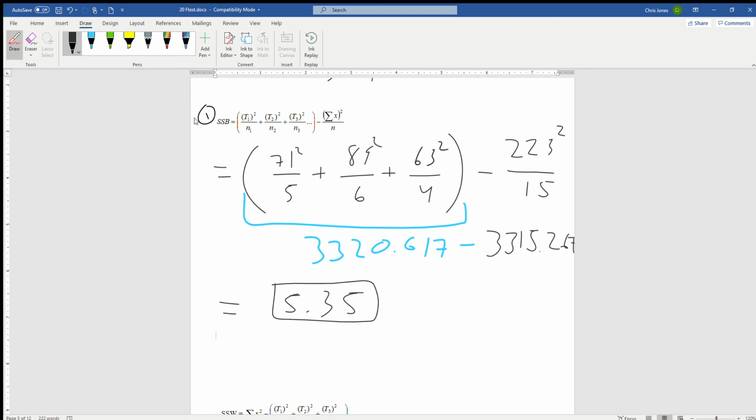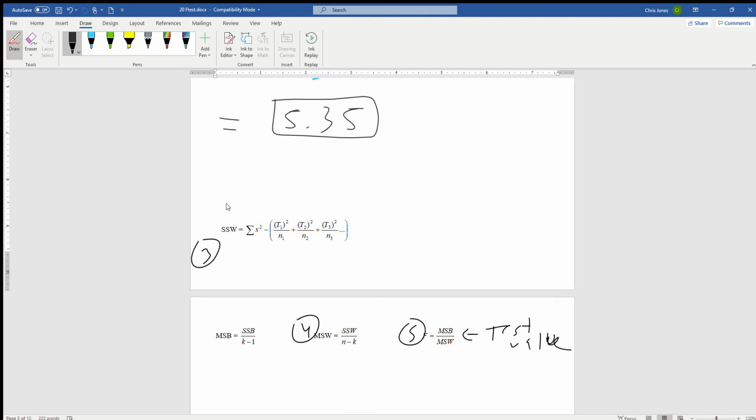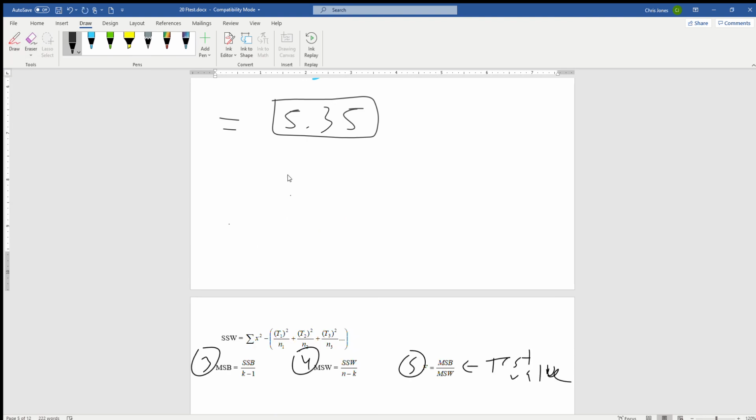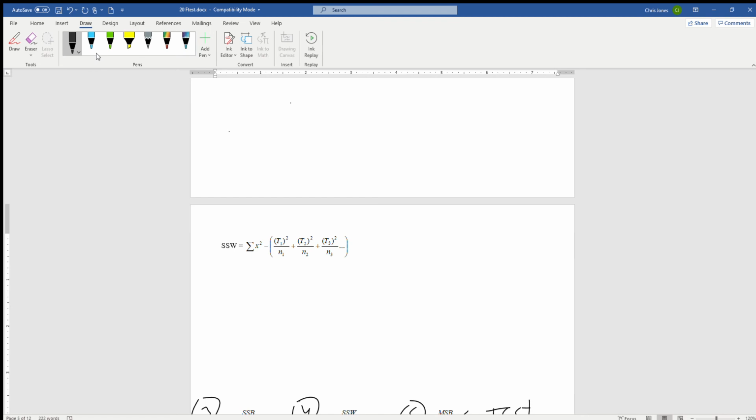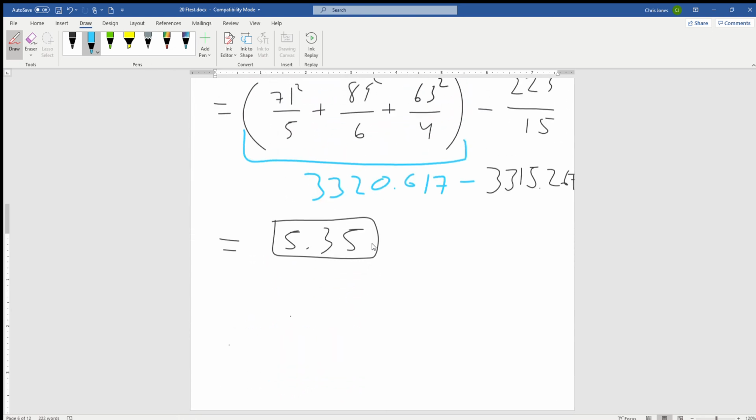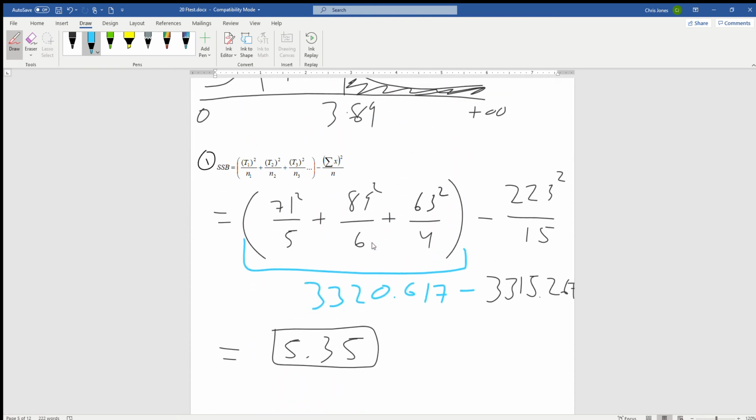Now this is the most taxing one, so I'm going to go down and do another page. What I want you to notice is that there's a little bit of repetition in the formula. This part, T1 squared over N1 plus T2 squared over N2, and so on, is the exact same thing as the formula we just used, and we found that number to be 3320.617.